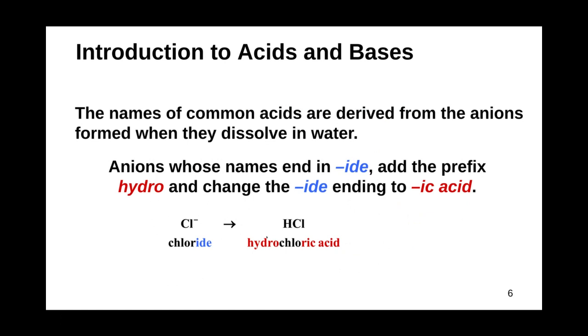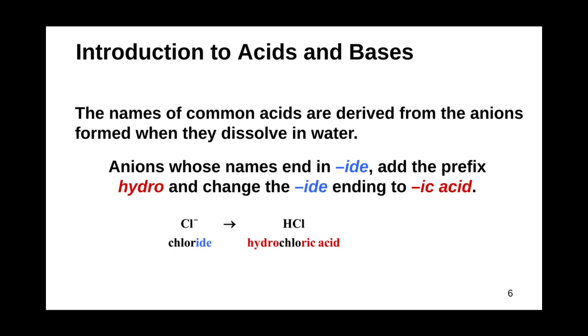We add the prefix hydro, and we change the "ide" to an "ic". So in this case, we have hydrochloric acid, or HCl. Because again, when this Brønsted-Lowry acid breaks apart, we produce the proton and the negatively charged chloride. So we have the chlor part, hydro, and the acid because we know it's an acid.